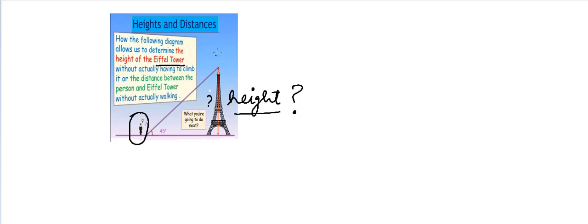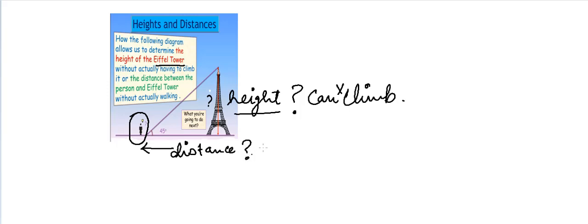You can't climb the Eiffel Tower, and you have to calculate the height of this Eiffel Tower. You also have to calculate the distance without walking.